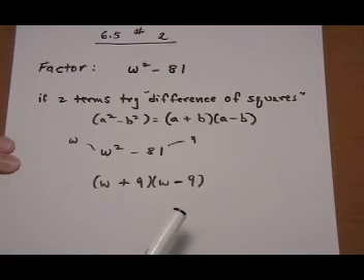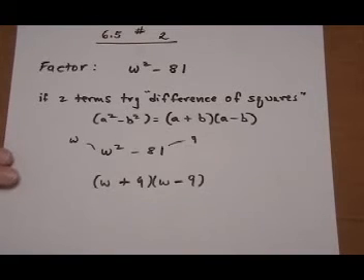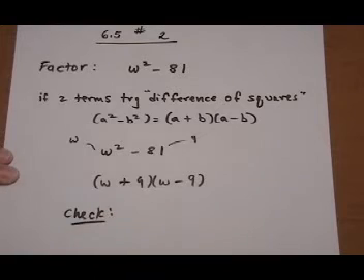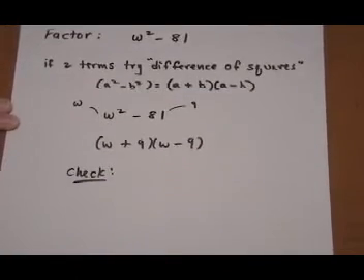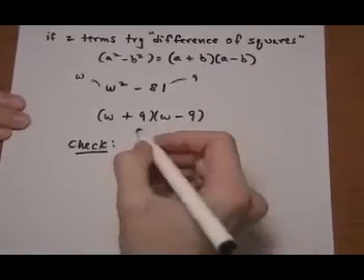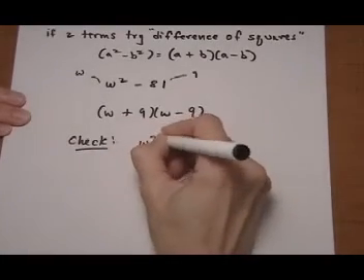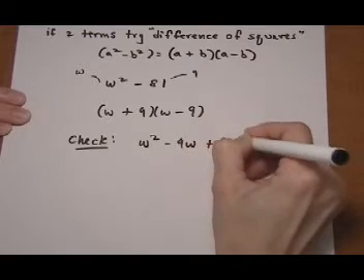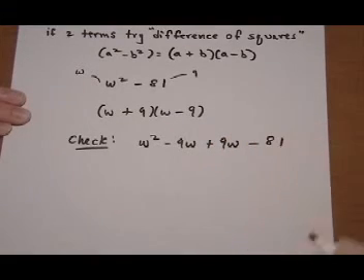And doing a check will help you to see why you want to have the opposite signs. So let's do a check. If I multiply it out, I get w squared minus 9w plus 9w minus 81. The middle terms cancel out.